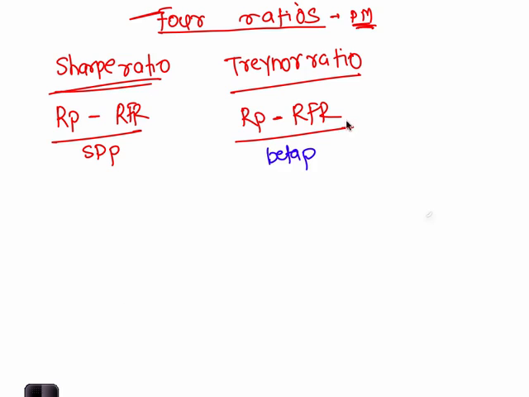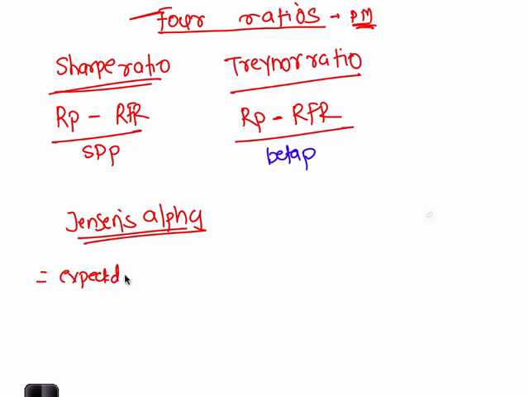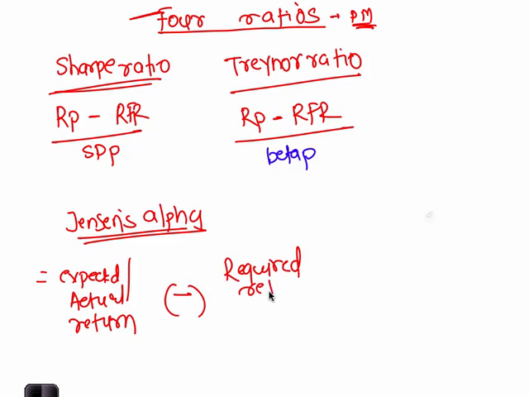Is that fine? Then the next one is Jensen's alpha. It seems like a very fancy term, but what Jensen's alpha actually means is expected or actual return minus required return as per CAPM.